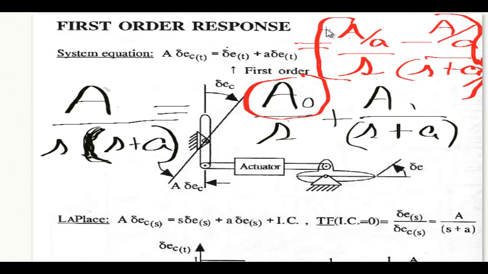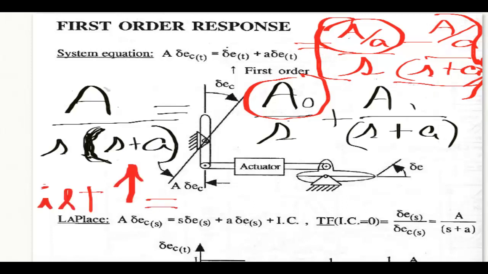The inverse Laplace is going to be simply capital A over little a, a constant term. And then the inverse Laplace of this is going to be minus capital A over little a, e to the minus at. You have to memorize the inverse Laplace for a first order system. That's the only one you really need to memorize other than the simple values of s.